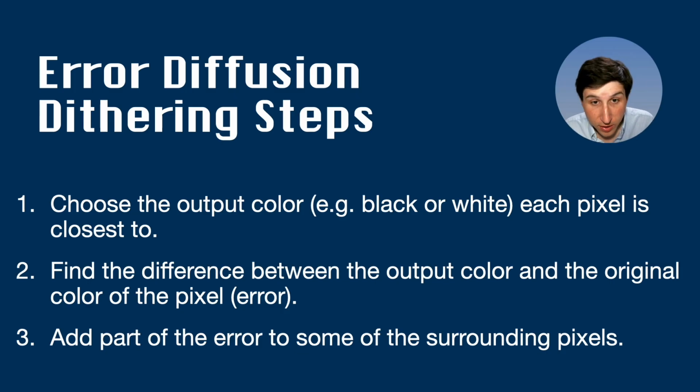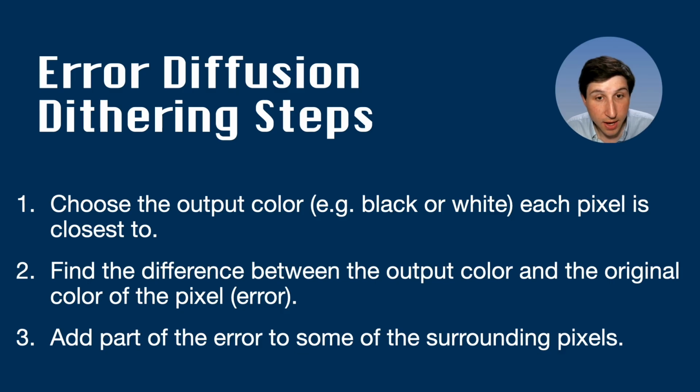Okay, once we've figured out which color it's closer to, then we find the difference between the color and the original pixel. So in this case, let's do the 75 example. We originally had level 75, now we're going to 0. The difference between the two, between 0 and 75, is obviously 75. So that's what we call the error. That's the distance between what we ultimately made the pixel and what it originally was. How far were we off when we made that choice of color?